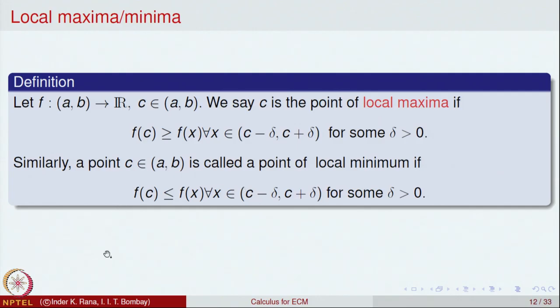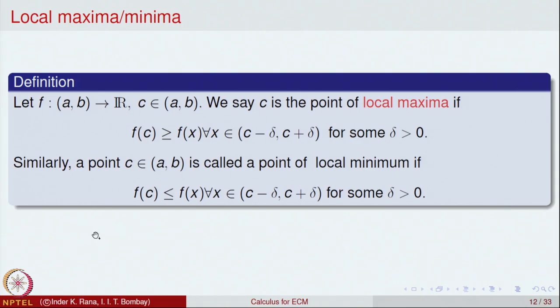So, the local maximum and local minimum. In a sense, if you look at the picture, the graph of the function will look like there is a peak at the point c if I look at nearby points, and there is a bottom-out kind of scenario if this is a local minimum.